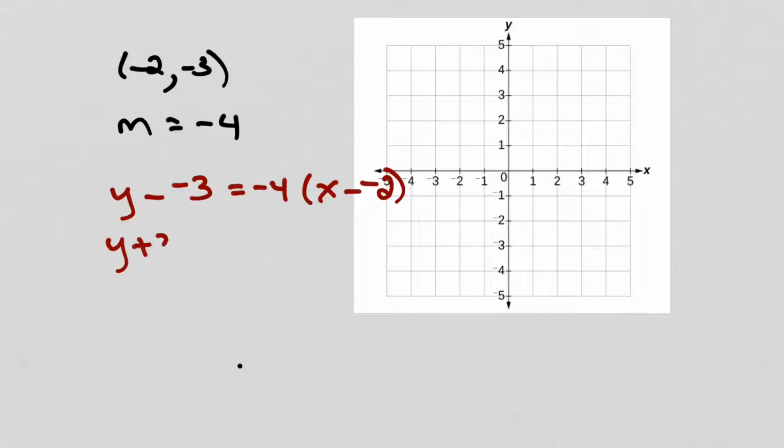So this becomes y plus 3 equals -4x. Let's see, and -4 times a positive 2 gives me -8. And then if I subtract 3 from both sides, I'll get y equals -4x minus 11. All right, and then we could just plot a couple of points, and we could go on from there.